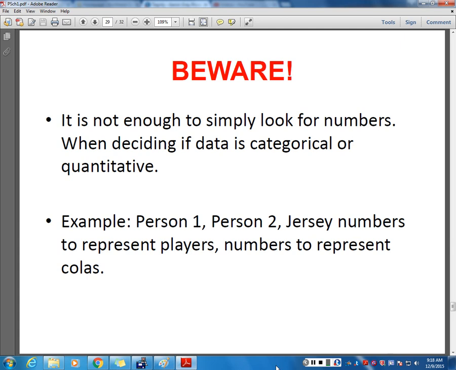The numbers are assigned to different players, but the numbers themselves aren't there because of some mathematical reason. They're there to have as labels or names. Also, numbers represent colas. You may code colas, like in a taste test. Well, try cola number 1, try cola number 2. Those are numbers, but they are categorical because they're just labels or names. So beware.